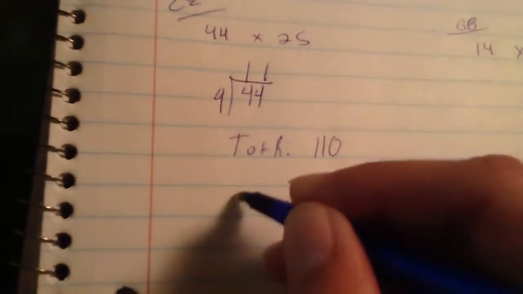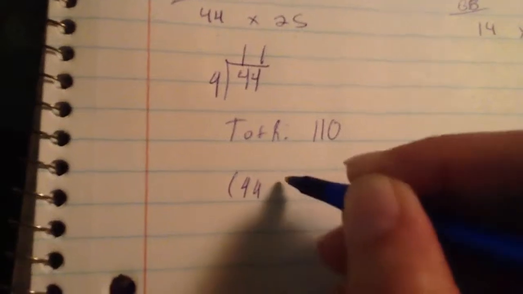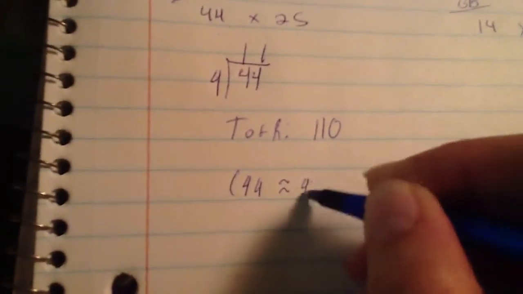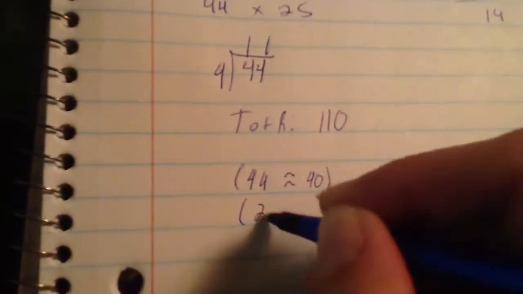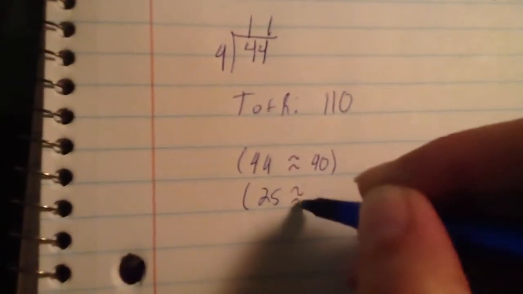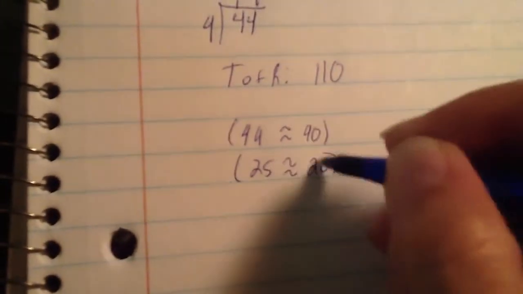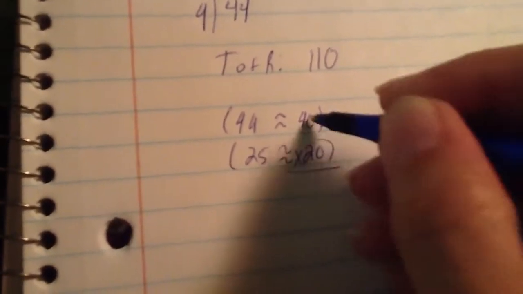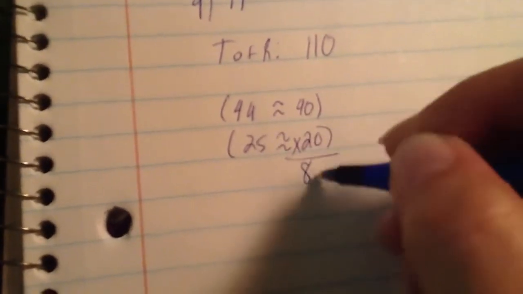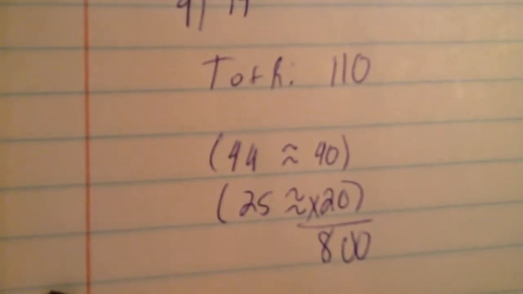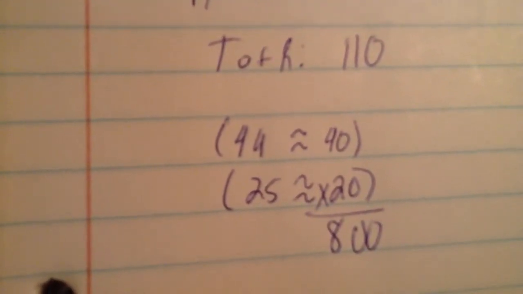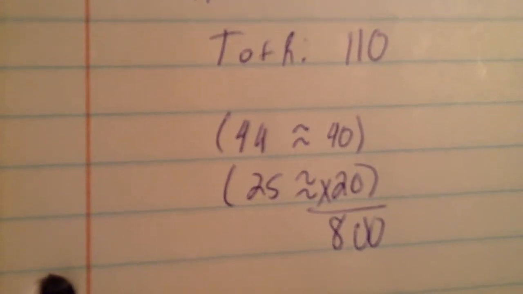Let's think. 44 sort of equals 40, and 25 sort of equals 20. So if we multiply these two numbers, we get 2 times 4 is 8, and we add the 2 zeros. So 40 times 20 is 800. So 44 times 25 needs to be a little bit bigger than 800.